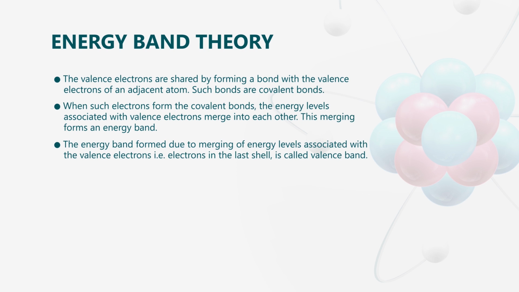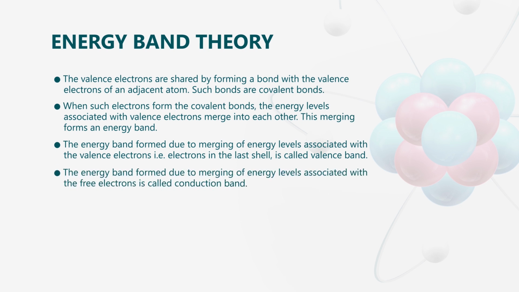The energy band formed due to the merging of energy levels associated with the valence electrons, that is the electrons in the last shell, is called the valence band. The energy band formed due to the merging of energy levels associated with the free electrons is called the conduction band.